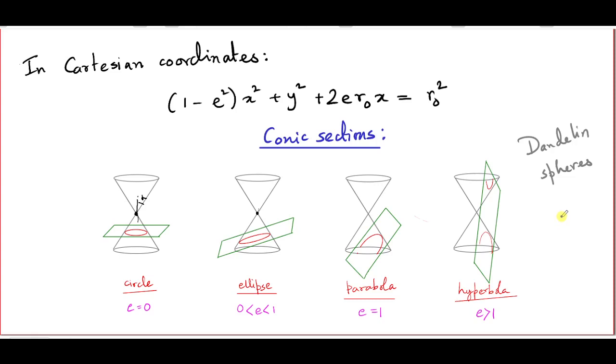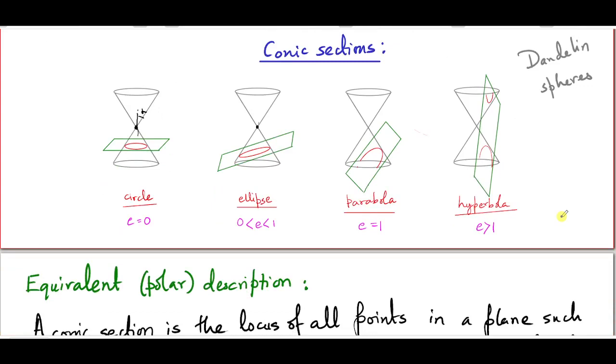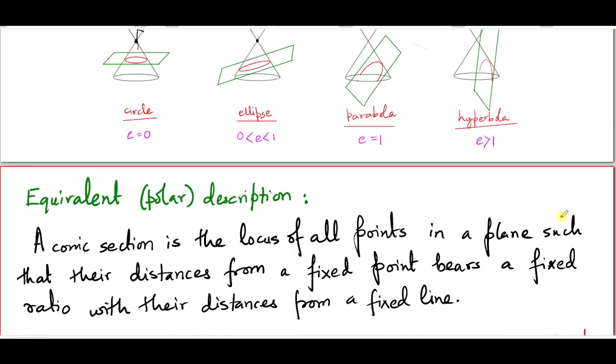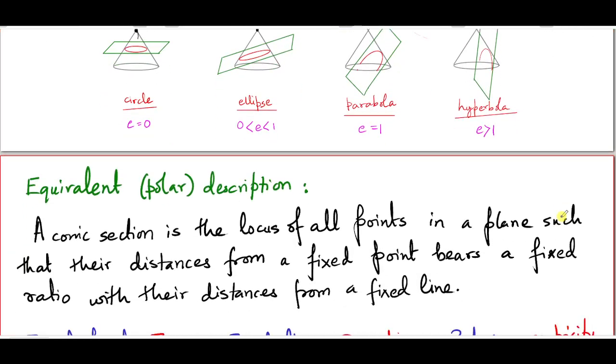A conic section can also be equivalently defined as a locus of all points in a plane such that the distances from a fixed point bear a fixed ratio with their distances from a fixed line. There are too many fixeds in this particular definition, so let me just break this up for you a bit.